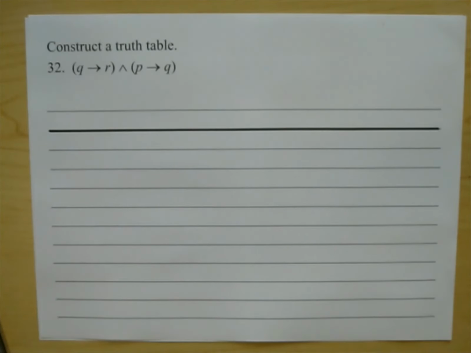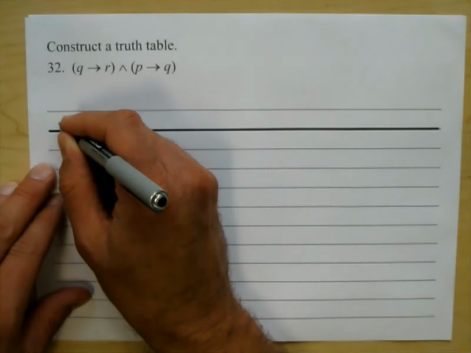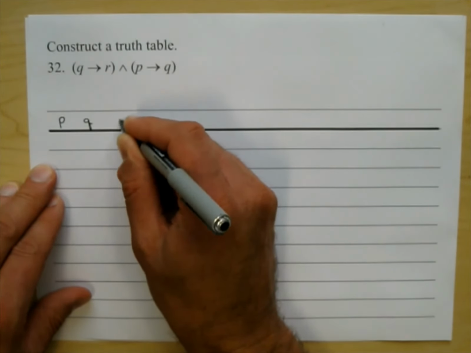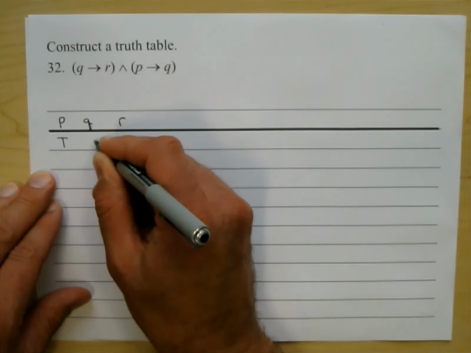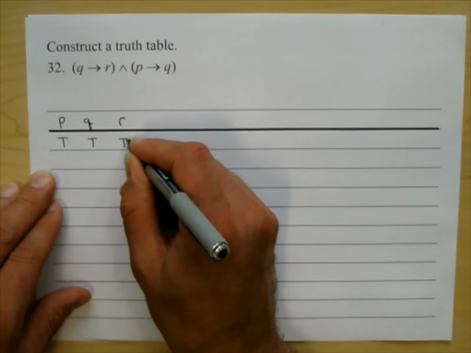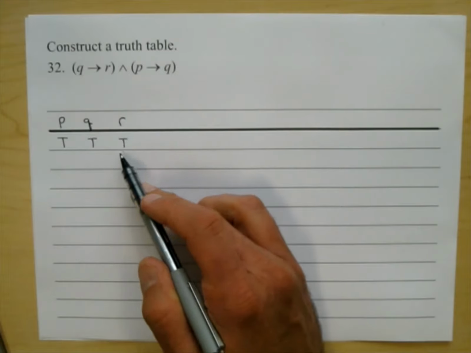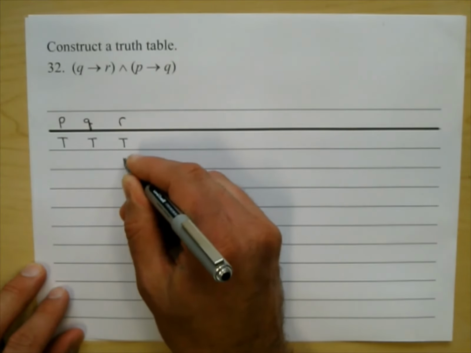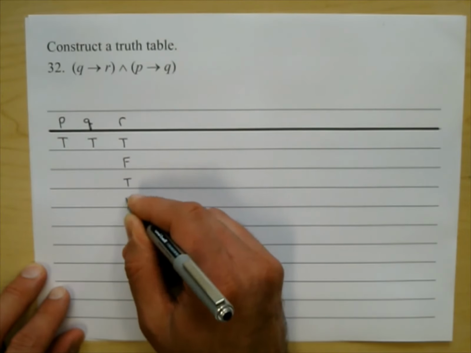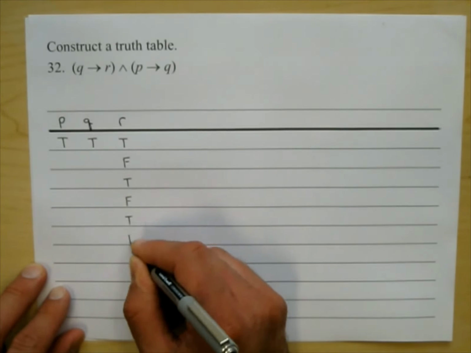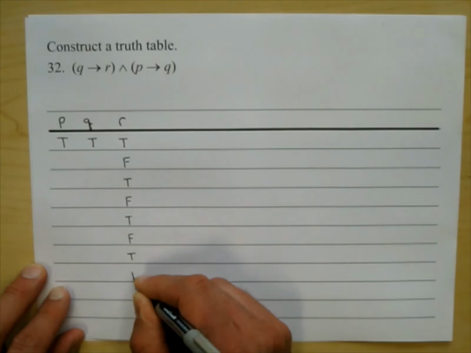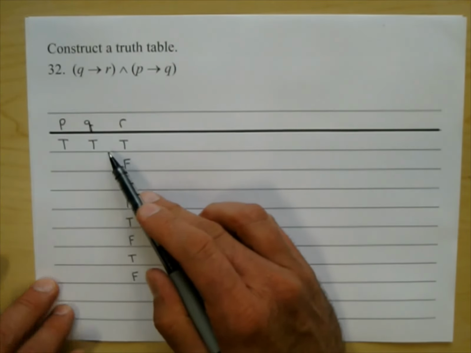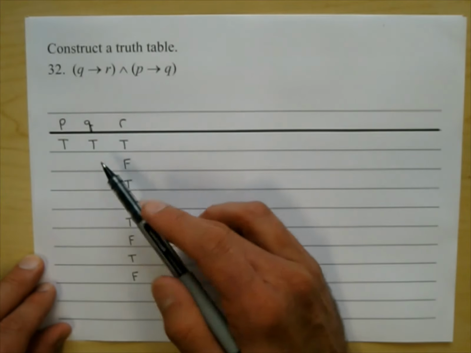We're going to write in alphabetical order P, Q, R. And I always start off with true, true, true. There's 3 letters, so there's going to be 8 rows. The R column I'm going to alternate by ones: true, false, true, false, true, false, true, false. The Q column I'm going to alternate by 2s.